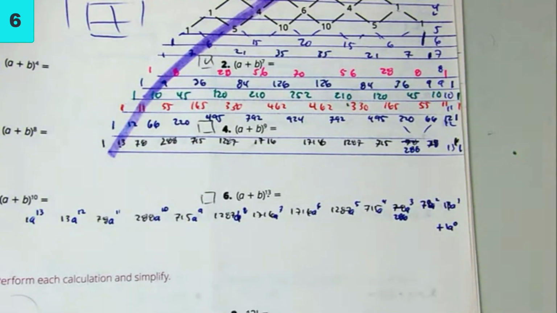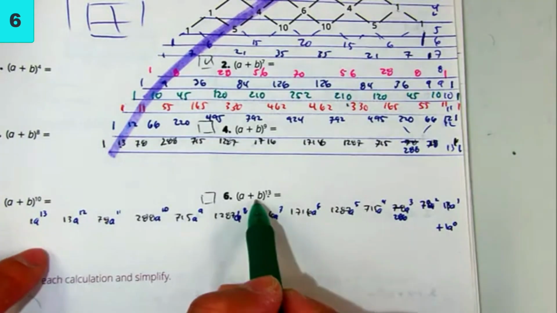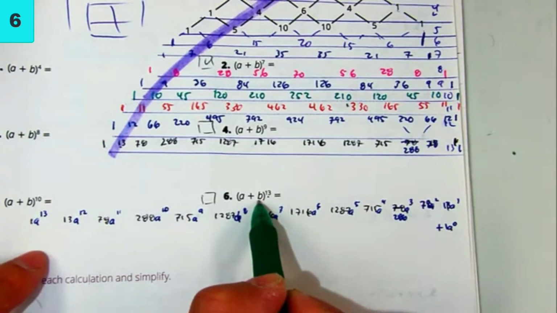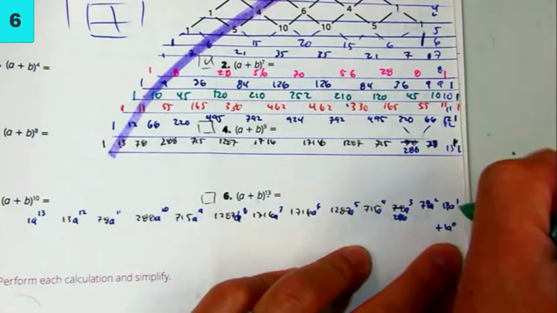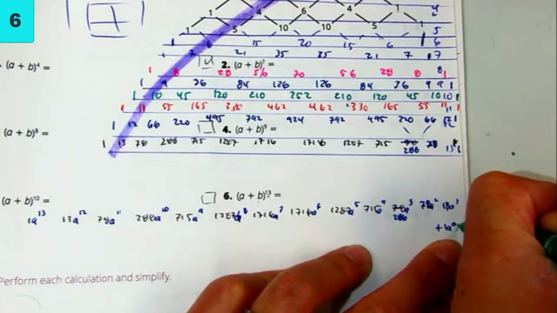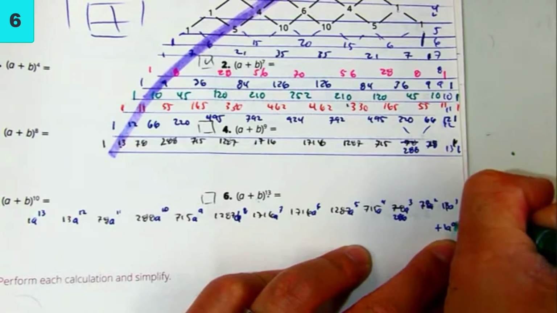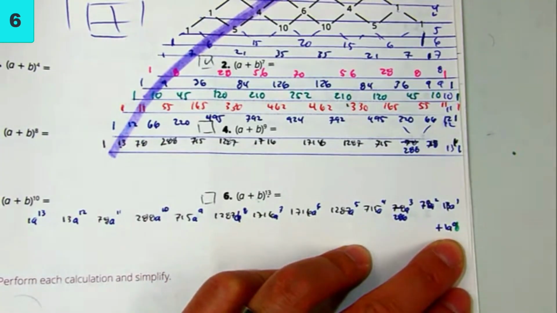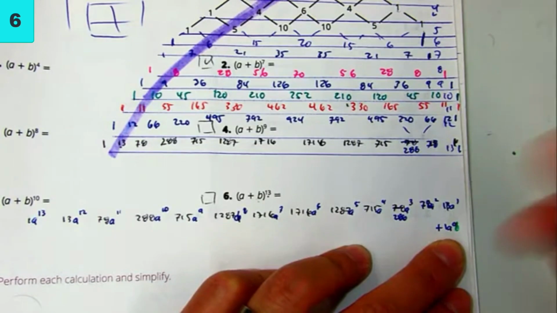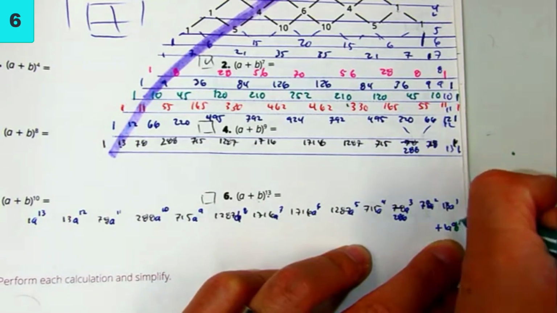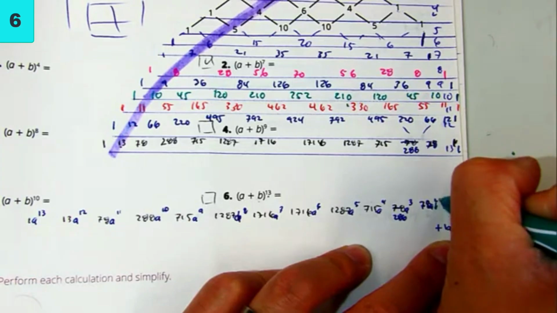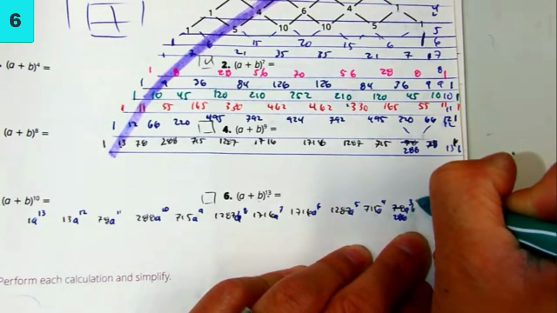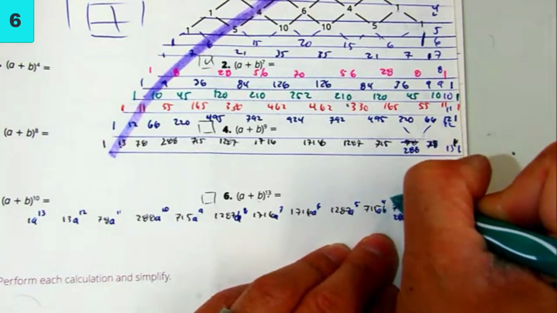Okay, then the last thing we need to do is you're going to go from the B value, and you're going to start at the 13th power on the far right. So this would be B to the 13th. Let's pick a different color. This will be B to the 12, B to the 11, B to the 10, B to the 9.